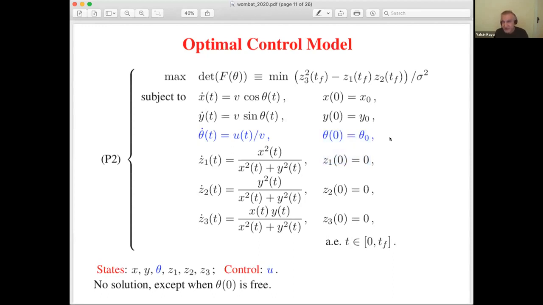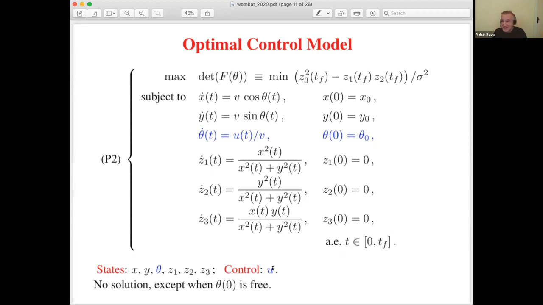But I couldn't really find any reference where this is specified. I asked a couple of colleagues who work in this area. They also said that they haven't seen it being specified. Maybe I'm missing something. When we write it in this way, theta is not a control anymore. It's a state variable. So now we have 6 states, and we have a control variable, which is u.